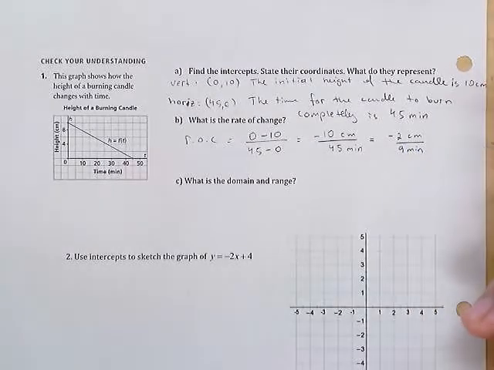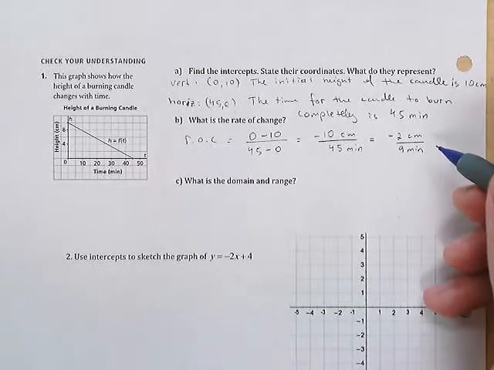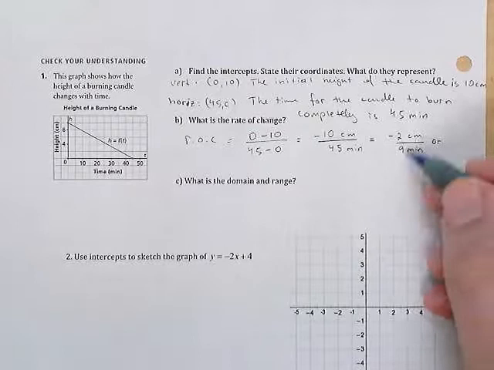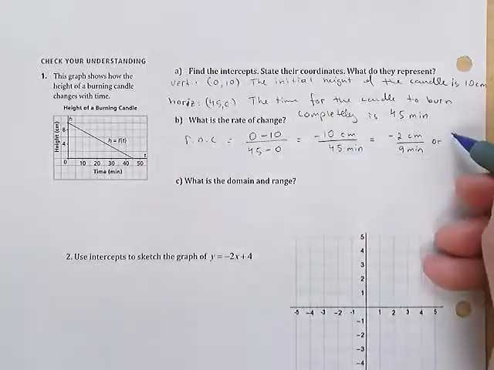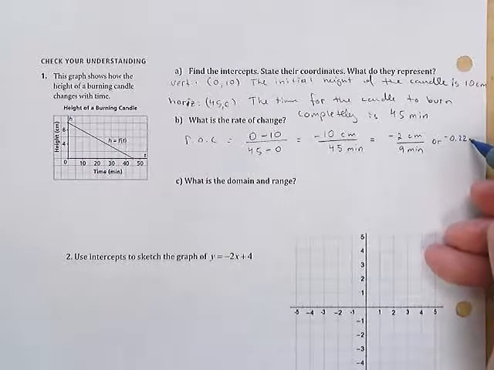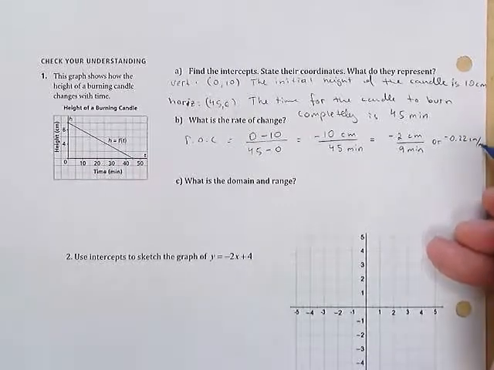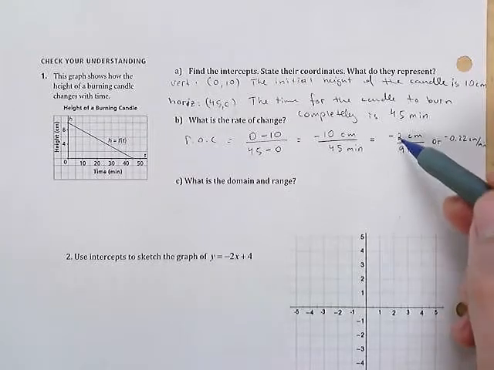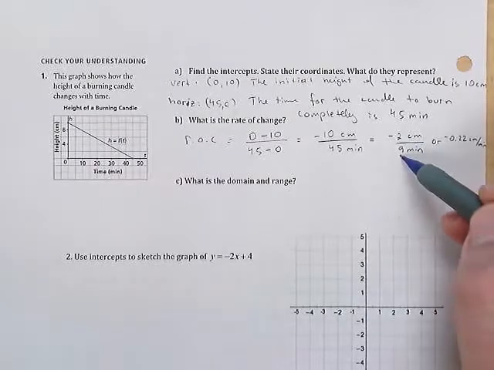Okay. Also, if you're allowed a calculator, you could just divide it right here and round it to 2 decimals. So it'd be negative 0.22 centimeters per minute. Because you're basically asking yourself, 9 goes in there how many times? 9 goes in there one time.